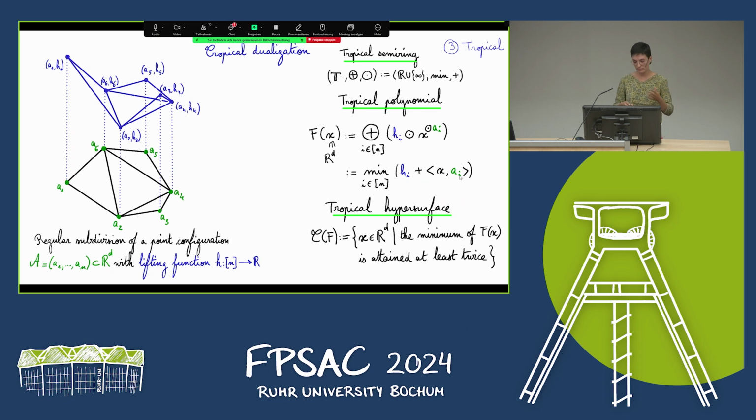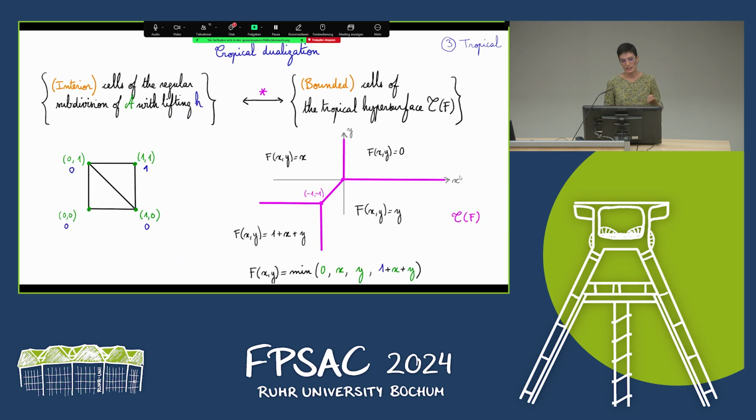And the theorem, a folklore theorem, is that the cells of the regular subdivision are in correspondence with the cells of the tropical hypersurface, where we also take into account the maximal dimensional cells induced by the hypersurface.